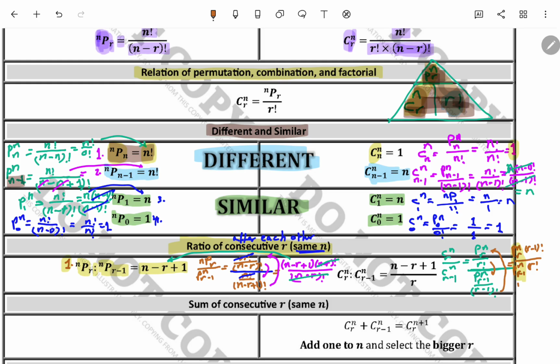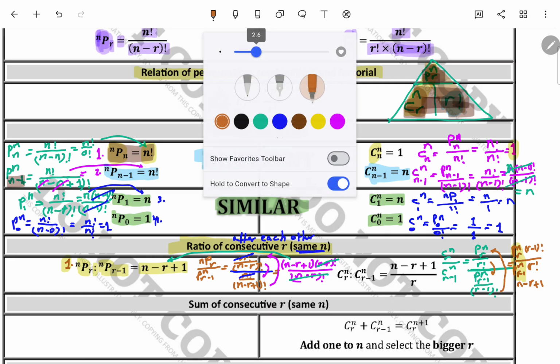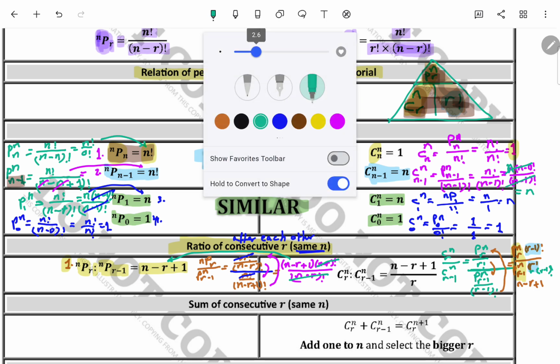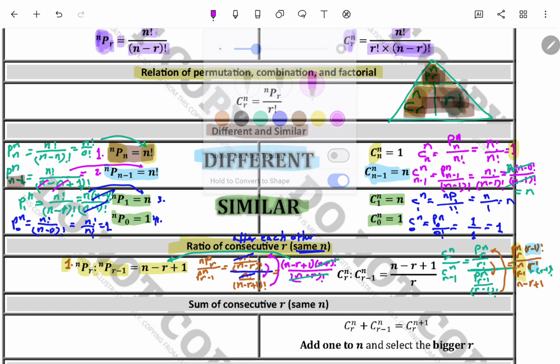n minus r plus 1. And on the other side, which includes r minus 1 and r factorial, you can expand the biggest, which is r, to be easily r here, open a bracket, including r minus 1 with the factorial, and that will be cancelled up and down like this.